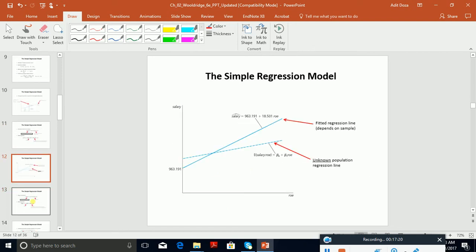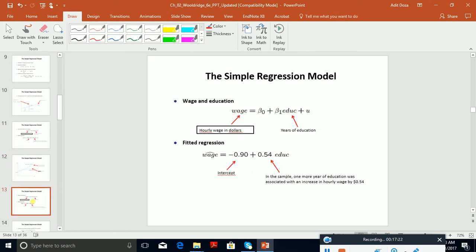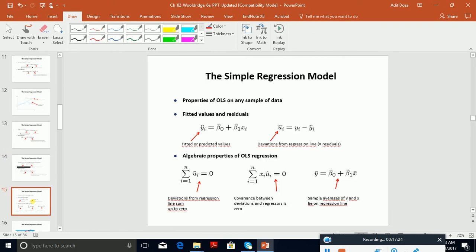So a few more examples here. Okay, you can read the example. I might ask the algebraic properties of slide 15, okay, of chapter 2.